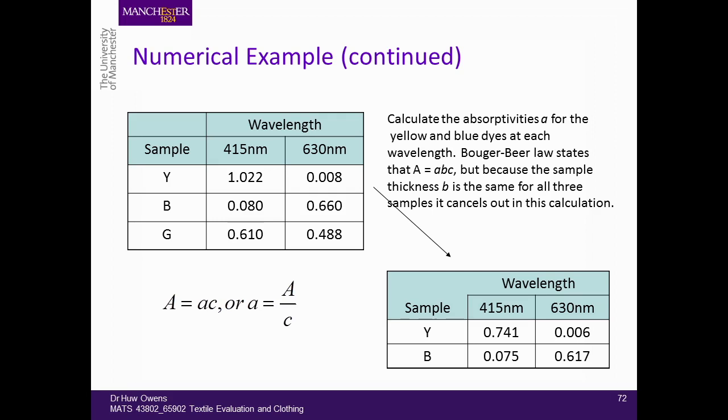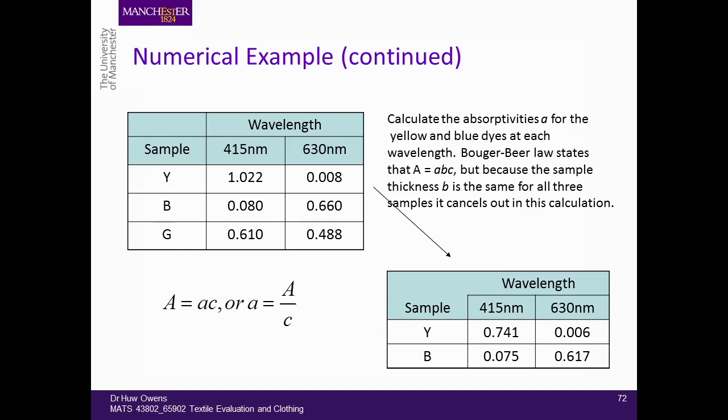If we set that to 1, we don't need to worry about it. As long as it's the same between the dyes, it doesn't matter. We know the concentration because we've been told.